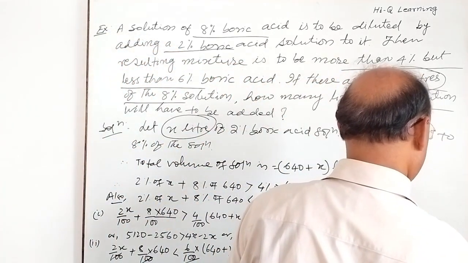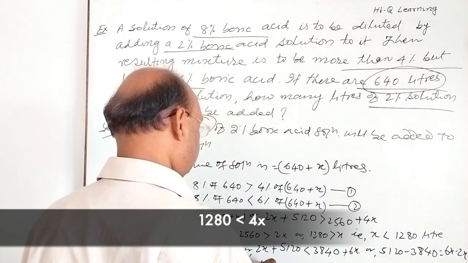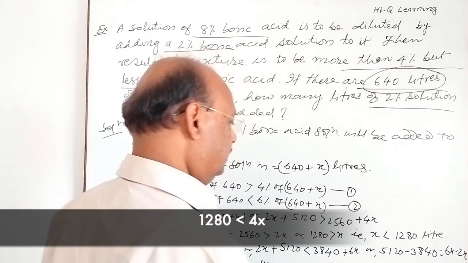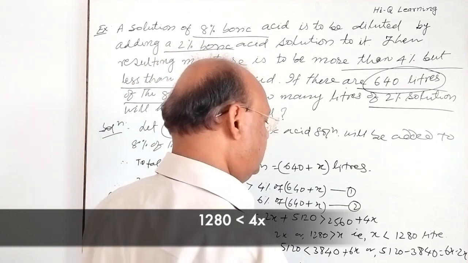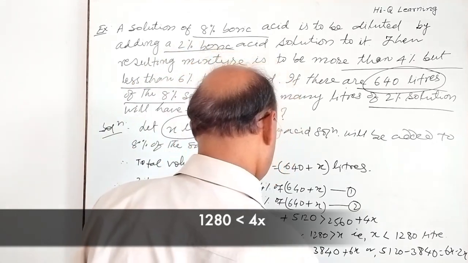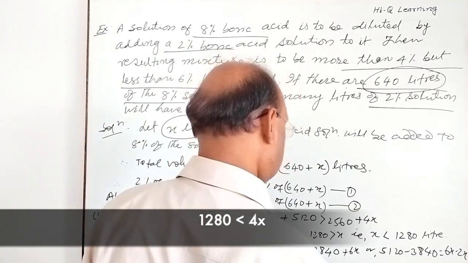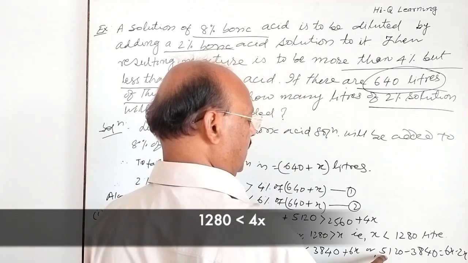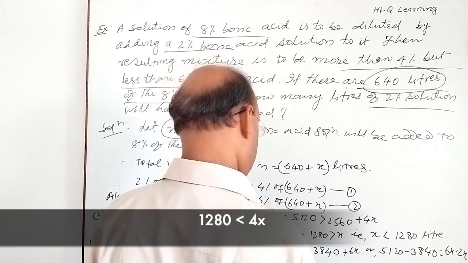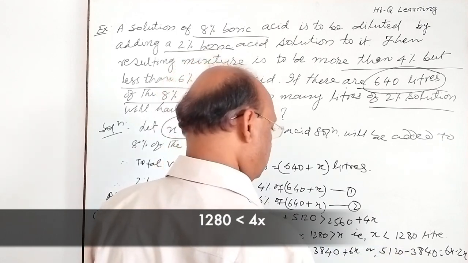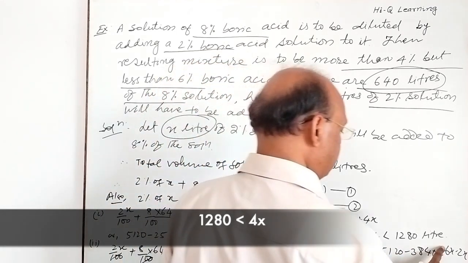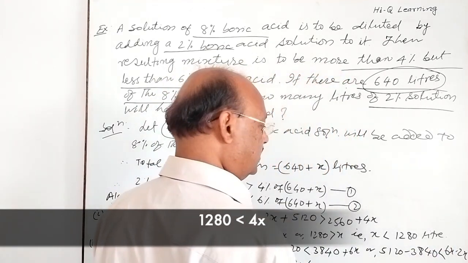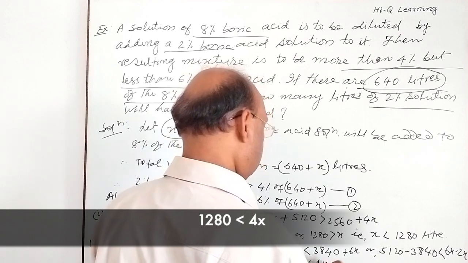Subtracting these two numbers gives 1280, and 6X minus 2X is 4X.